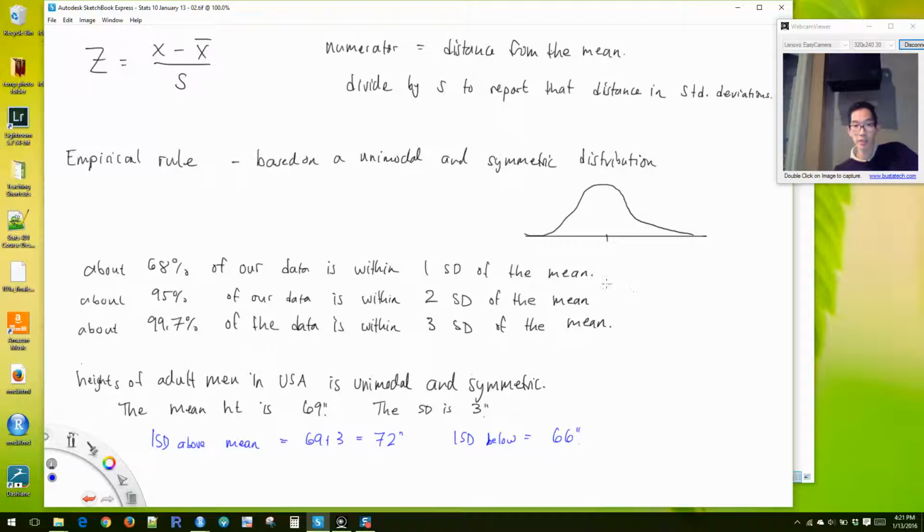And so what our empirical rule says is that about 68% of US adults are between 66 inches and 72 inches tall.